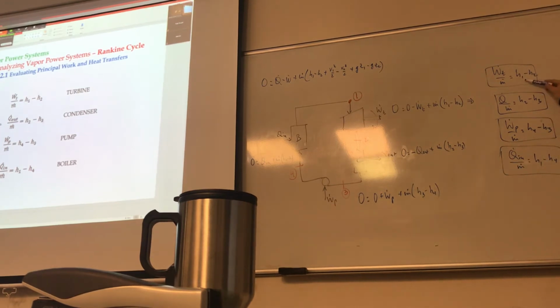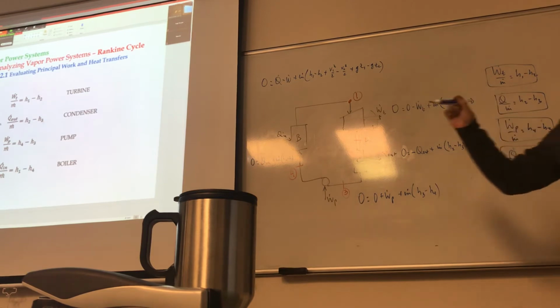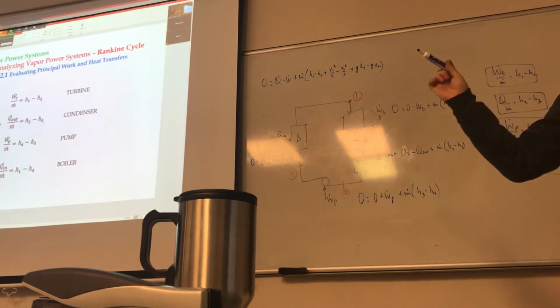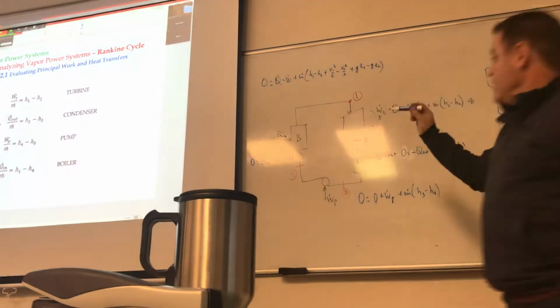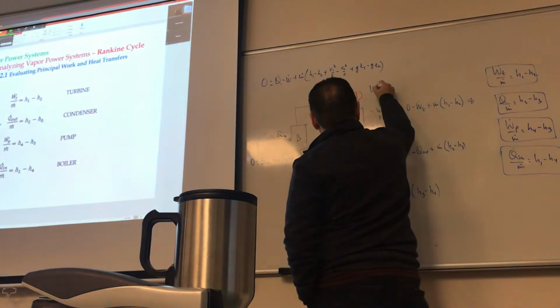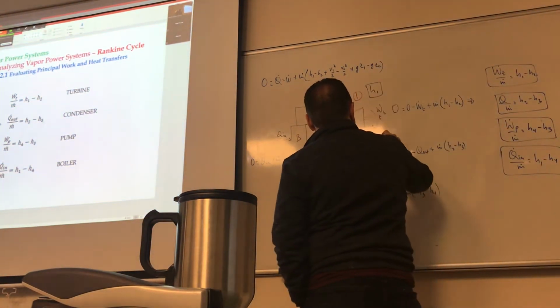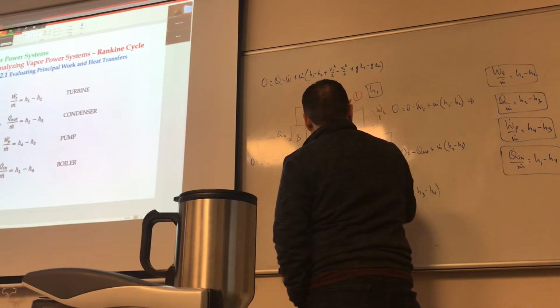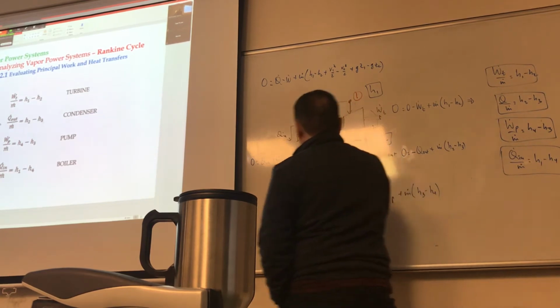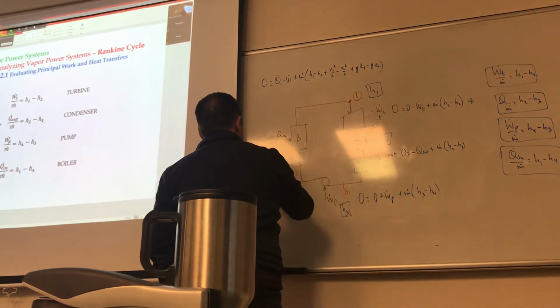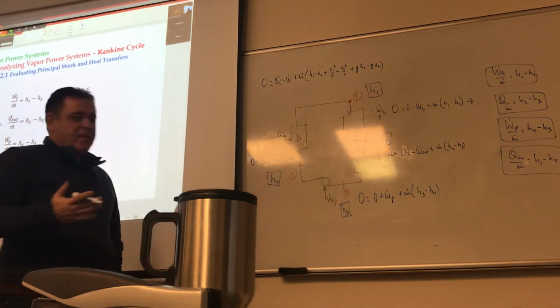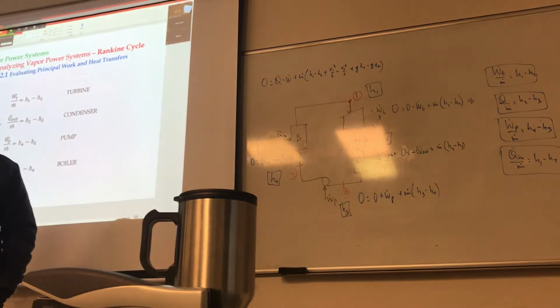Two significant things about these. You go like, holy, everything depends just upon the enthalpies of the substance at those four states. In other words, if I know H1, H2, H3, and H4, what information can I get from just reading those values from tables?